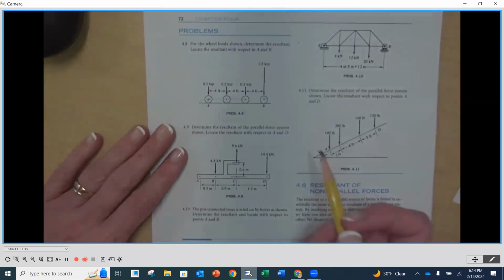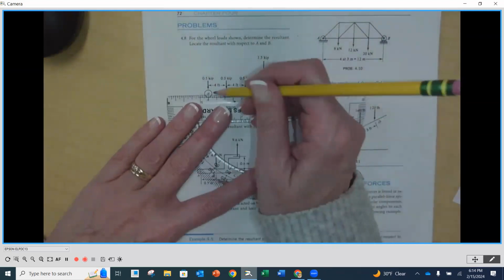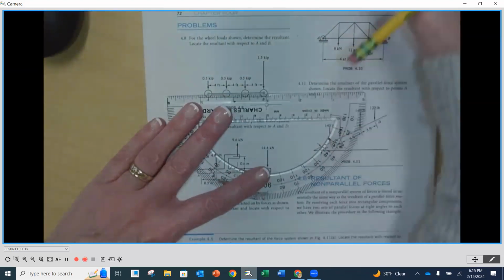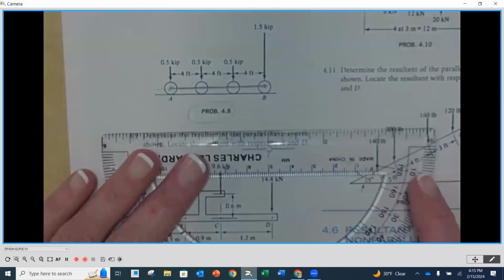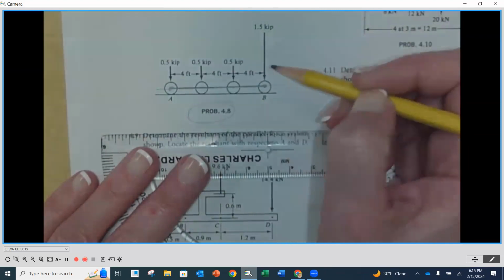So I'm going to put this to the side. I'm going to pull out a fresh piece of paper, and we are going to draw our free body diagram. Our free body diagram is simply going to be a line. We're not going to draw any of these circles. It's going to be a line A to B. And then we're just going to draw the 4 vectors going down here.